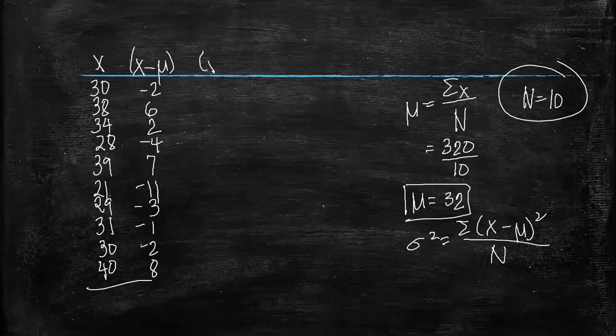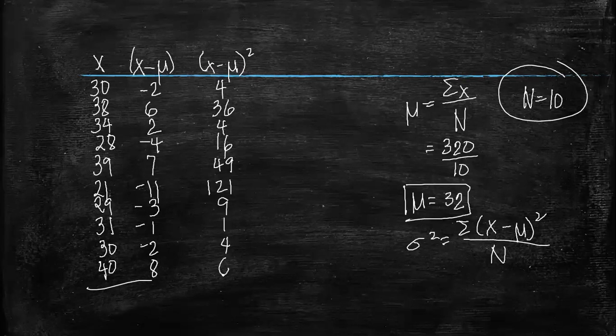Then we square them one by one. You're really lucky, there's no decimal here yet. So we have 4, 36, 4, 16, 49, 121, 9, 1, 4, and 64.